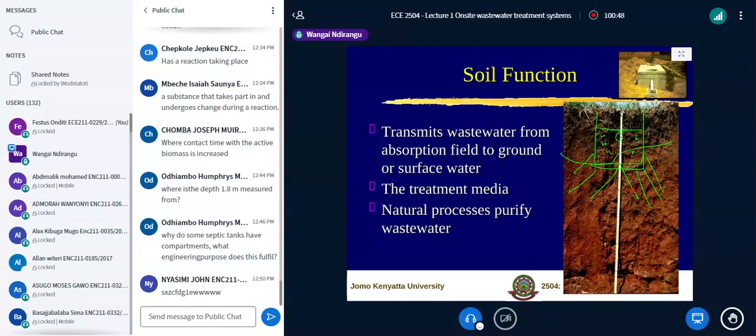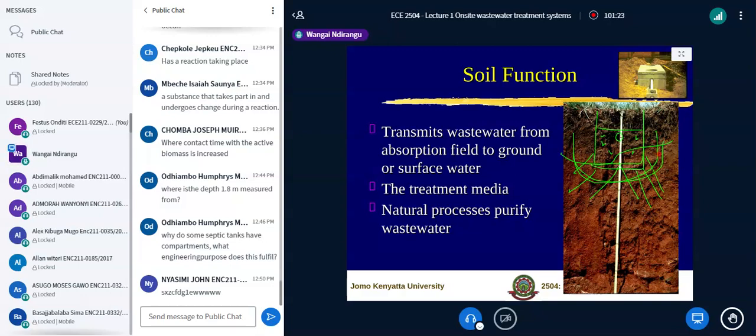Remember, there are about two mechanisms happening. By the way, the roots also send oxygen to this area, and you know that organics plus oxygen allows us to degrade. So the degradation of the organics takes place, and the water is dispersed. As the water goes through, there is filtration, a mechanical straining, just like passing water through sand.